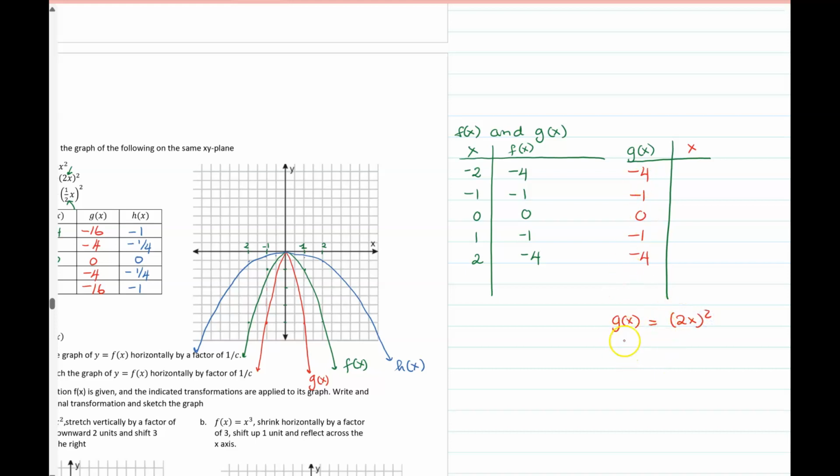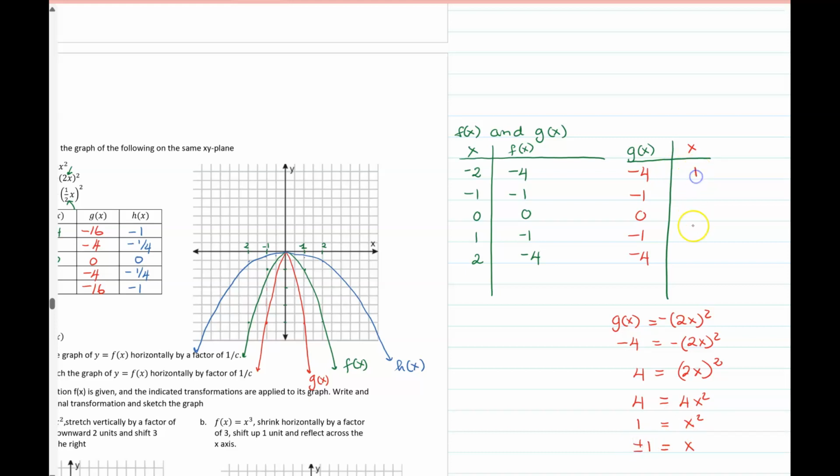So let's start with the first value. If I want g of x equal to -4, I can solve for the x value here. So x squared equal 1, so x equals plus or minus 1.